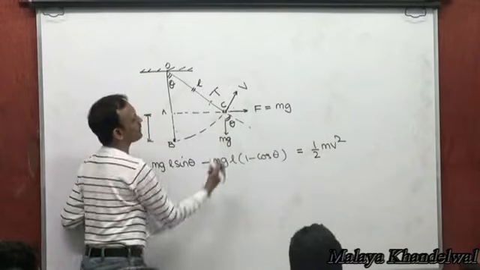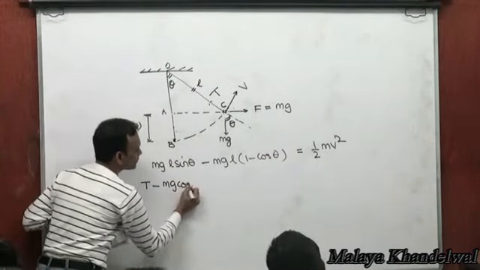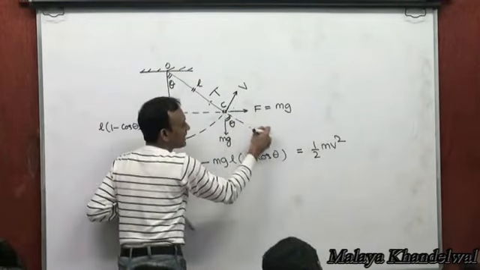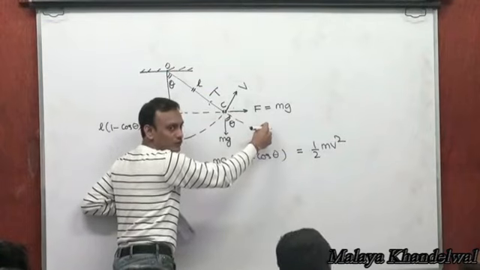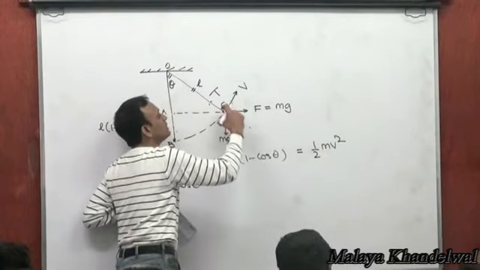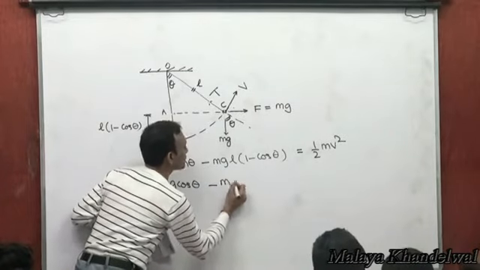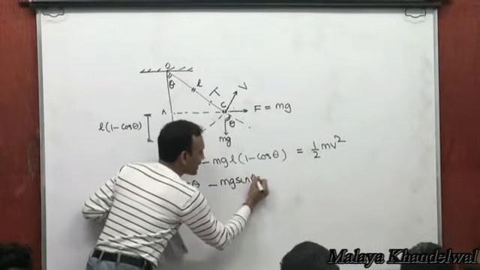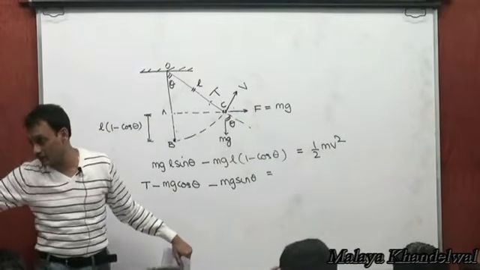What's providing the centripetal force? T minus mg cos theta minus F sin theta, that's what would provide the required centripetal force. F sin theta is mg sin theta. This takes care of the centripetal force requirement, which is mv squared by L.